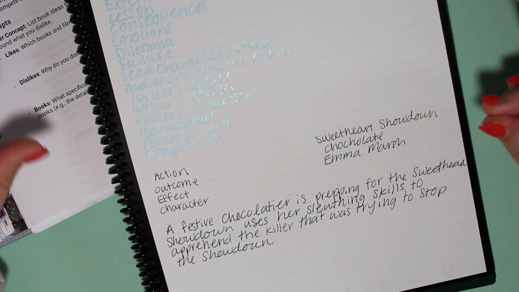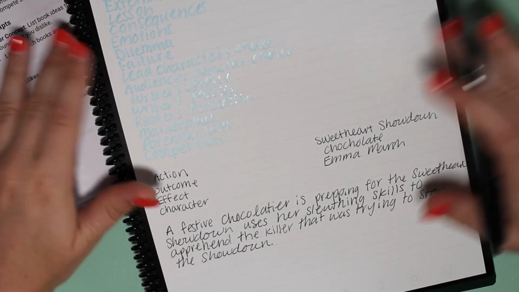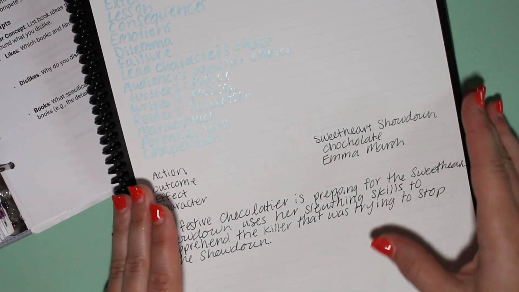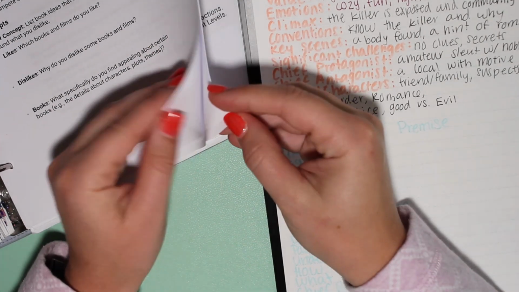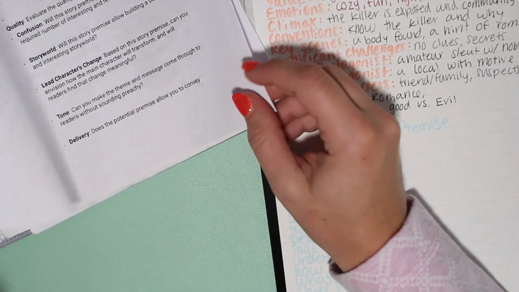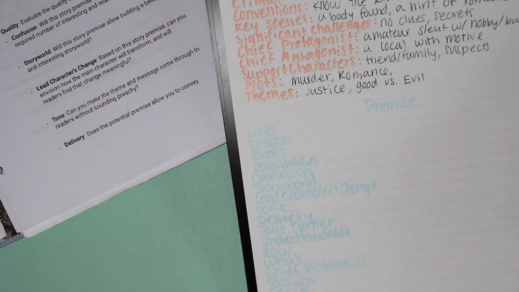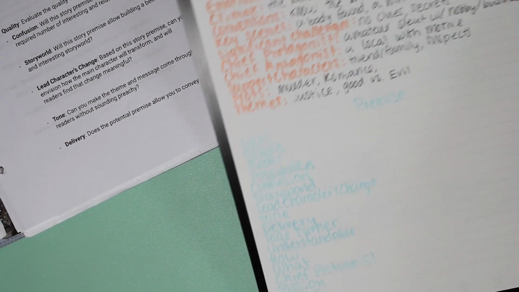But what you would do is go through each of these steps before you even start writing the story. That is kind of the basics of premise. So let's do a few questions. We're going to skip these first ones because it's just about what books and films I like. Okay, so here. Will this story premise confuse readers with the required number of interesting, relatable characters?